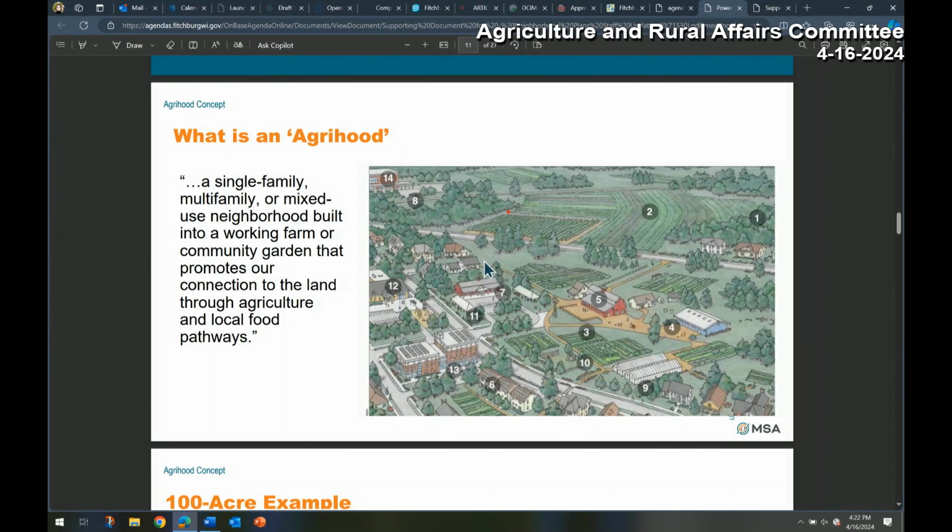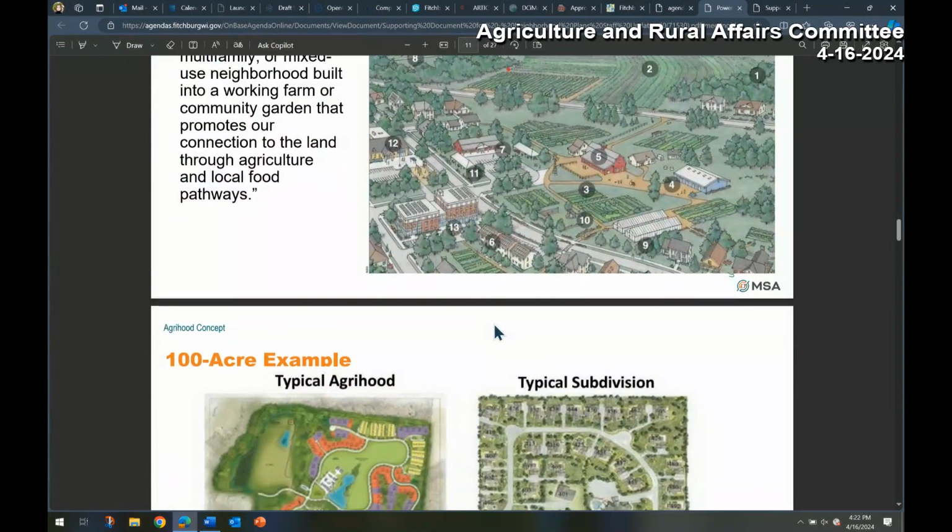And what I would like to explore with you all is, as farmers, does this make sense, right? Can this work, this idea of a neighborhood that would be single-family, multifamily, mixed use, that is integrated into a working farm or farms, as kind of a concept for development, right?